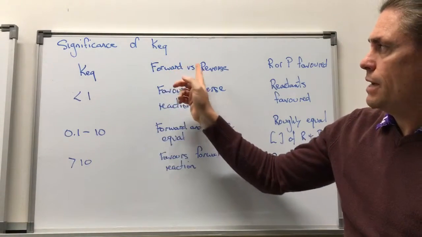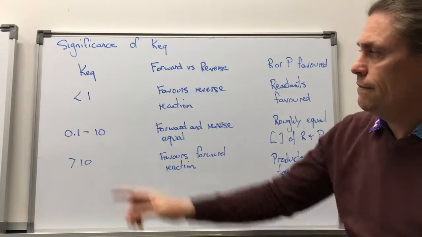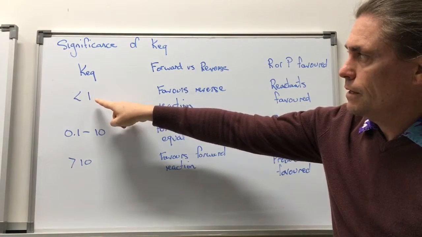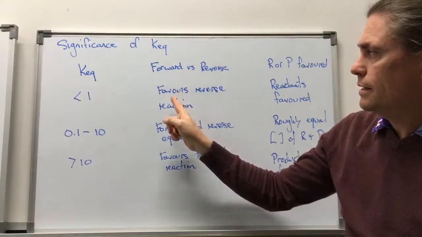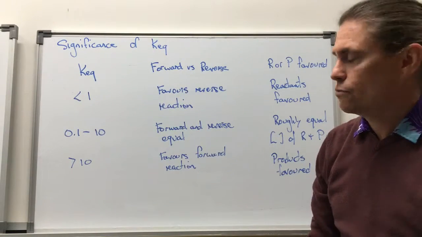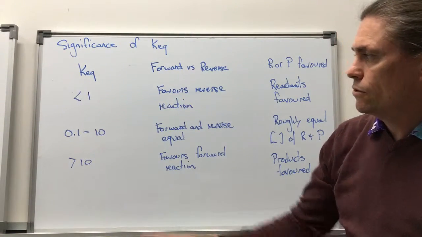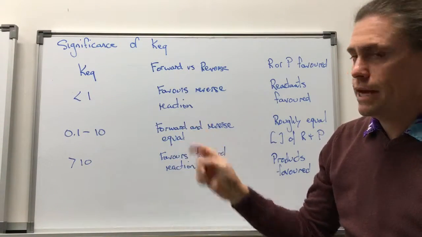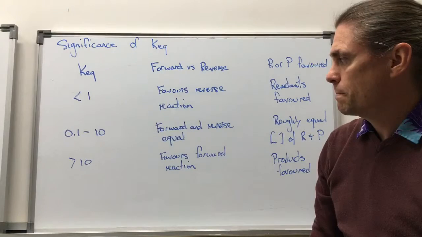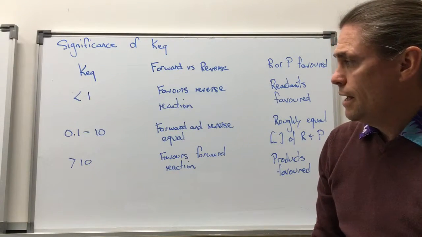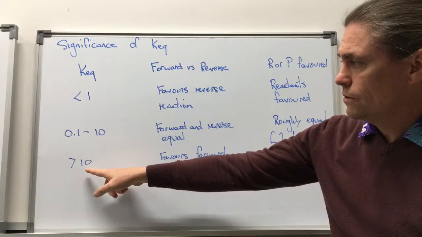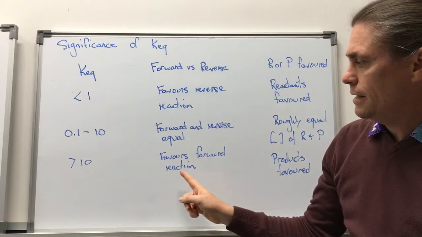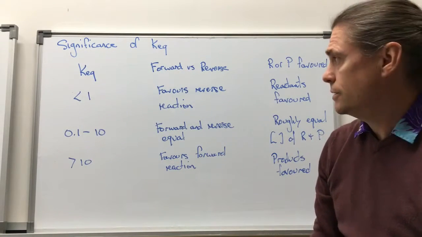So in terms of our reactions in forward and reverse, if our equilibrium constant is less than 1, this will favour the reverse reaction. By contrast, if it's very close to 1, then the forward and reverse reactions will have equal tendency to occur. And if our equilibrium constant is greater than 10, then this will favour the forward reaction.